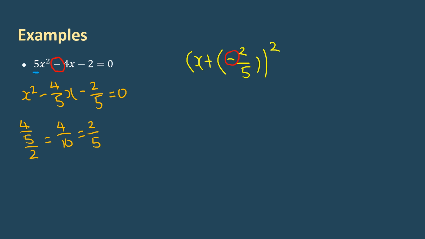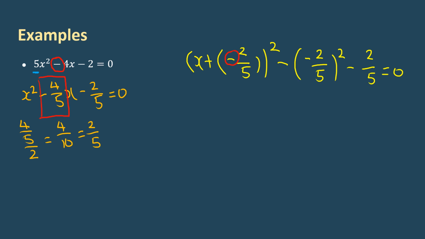So we need to remember that this entire thing is actually negative 4 over 5. So continue, minus b over 2 square, and b over 2 is also minus 2 over 5 square minus 2 over 5 equals to 0.